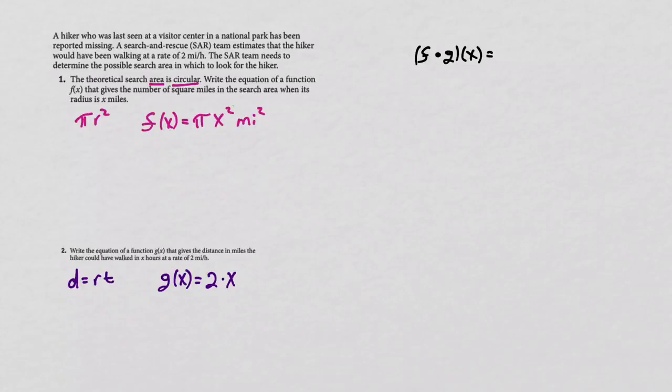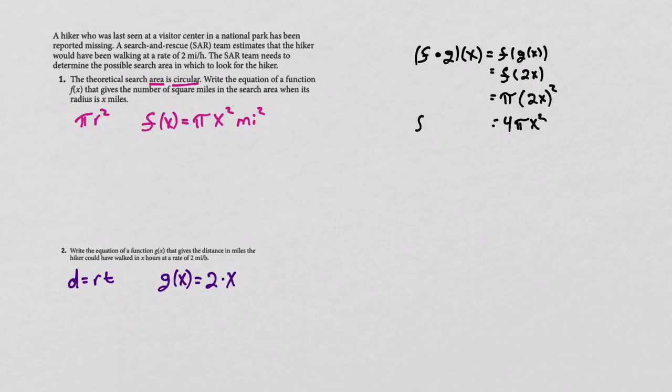Of course, f compose g of x is nothing more than f of g of x, which is f of my g of x, which is 2x. And then I just plug that in where I get pi times 2x squared. The square goes to everything inside the parentheses, so I end up with 4 pi x squared.